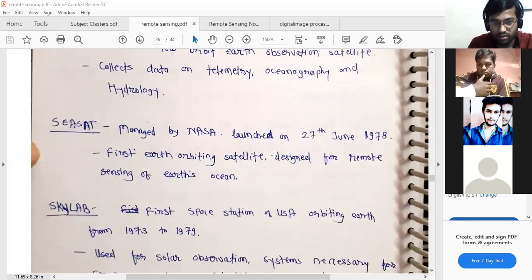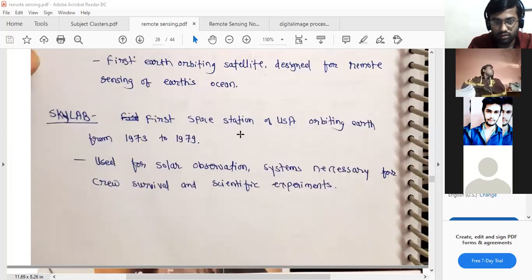Then we have SEASAT, managed by NASA, launched on 27 June 1978, the first Earth orbiting satellite designed for remote sensing of Earth's oceans.